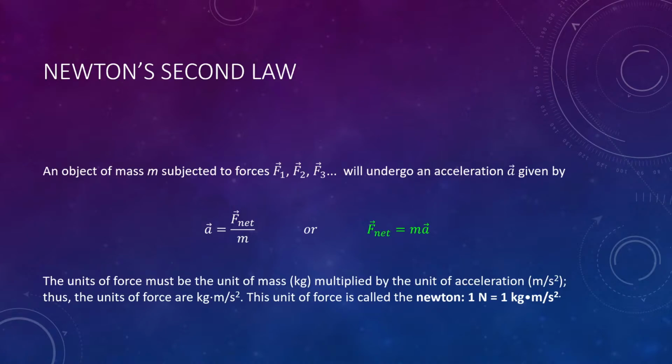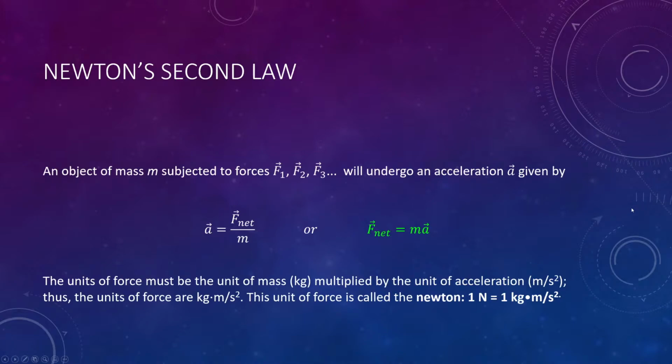So recognize on this left-hand equation that we see a direct relationship between a and F. We said that if you increase the net force, you increase the acceleration. But if you increase the mass, in other words, you increase m underneath this fraction, well then you're dividing by more, which means your acceleration would decrease. So this equation is what we just stated in our experiment. It's just a formulation to show it.